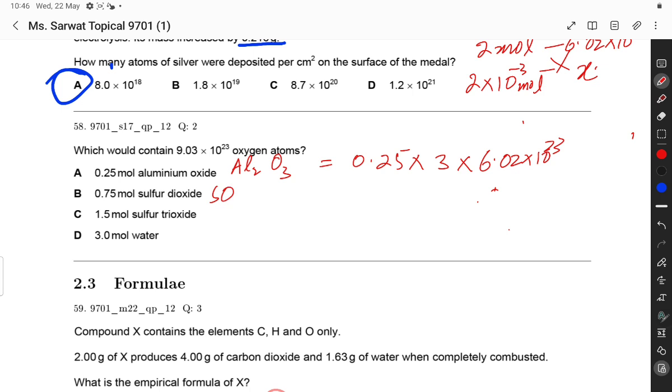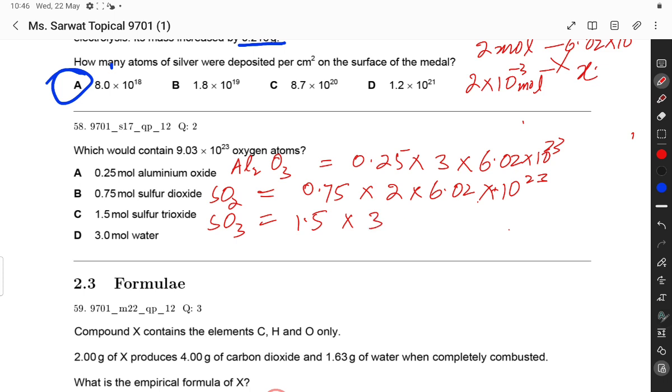And this is sulfur dioxide, 0.75 mole, number of atoms is 2 × 6.02 × 10^23. Similarly, sulfur trioxide, 1.5 × 3 × 6.02 × 10^23. Similarly, 3 moles of water is equal to 3 × 6.02 × 10^23, as water has 1 oxygen atom.